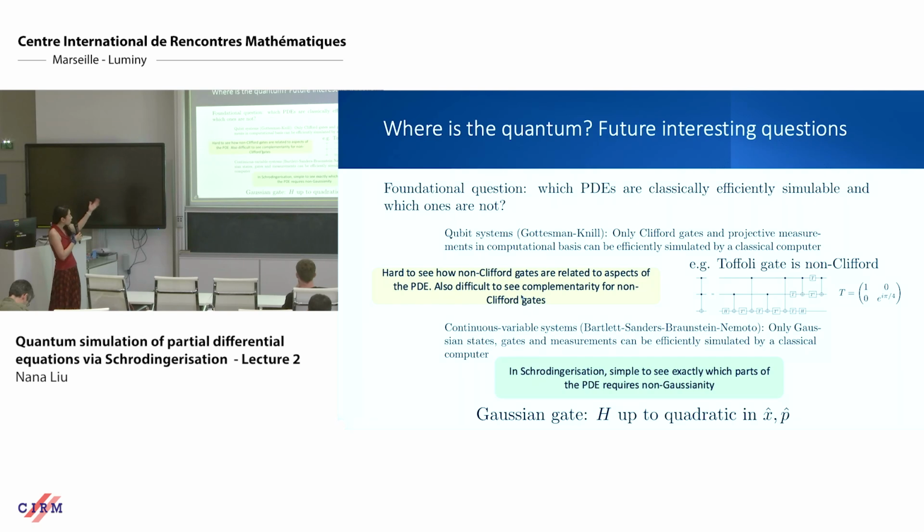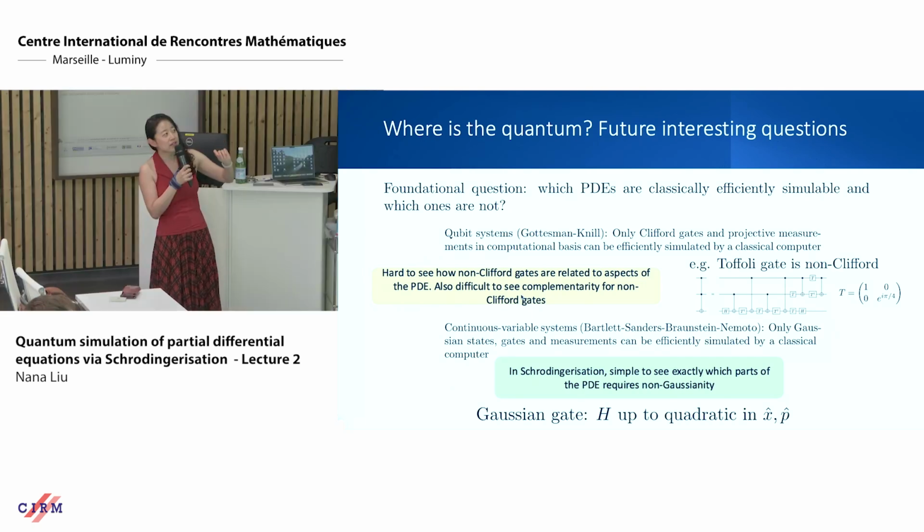If we look at the qubit basis, say we discretise everything already, then for qubit-based systems there's something called the Gottesman-Knill theorem. I can't remember, has the Gottesman-Knill theorem been covered in these lectures? No? Okay.